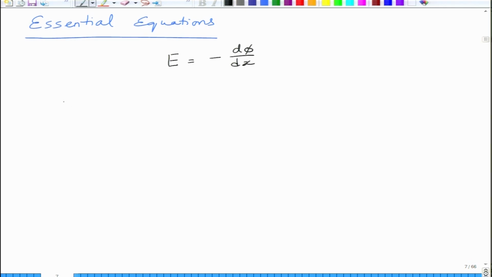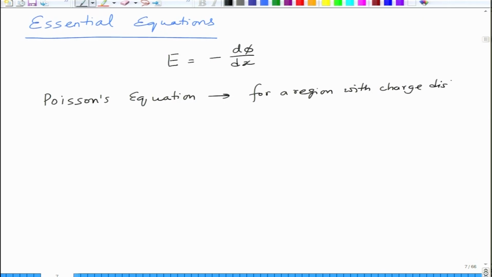Now we have an equation which is called Poisson's equation, which applies in a region with a charge distribution.